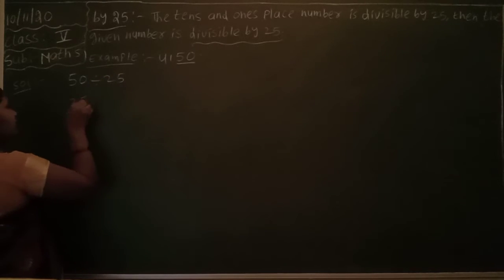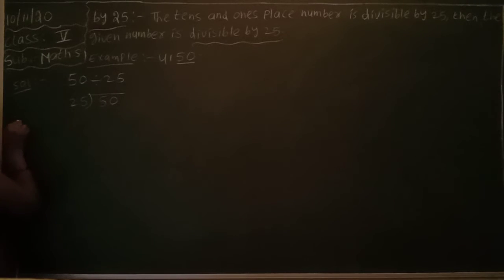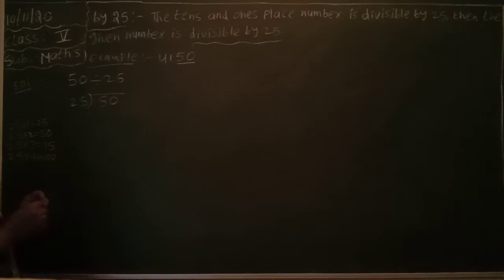Write down the 25 table. 25 ones are 25. 25 twos are 50. 25 threes are 75. 25 fours are 100. Like this, each time you add 25, and then you will get the 25 table.